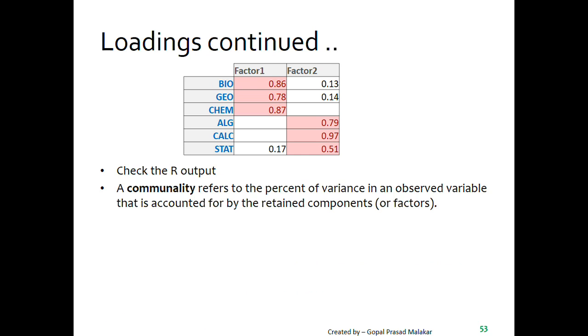What is communality? Communality is what percentage of variance is getting explained by factor 1 and factor 2. It is actually nothing but 1 minus uniqueness, or otherwise uniqueness is equal to 1 minus communality.